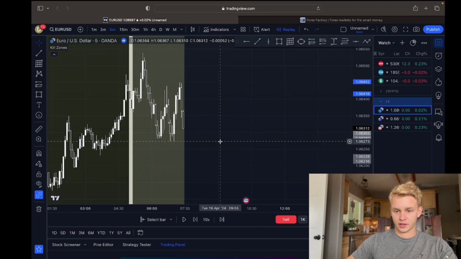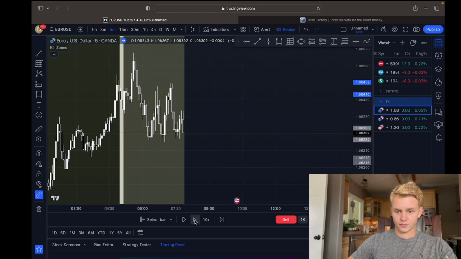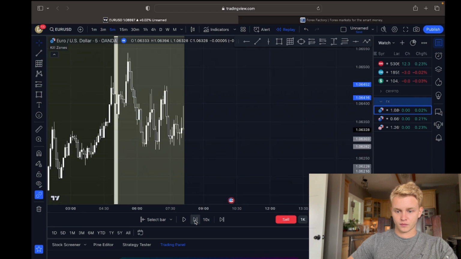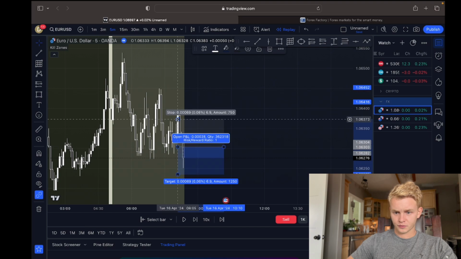We did make one here, but I don't like that candle there. But I do like that one, so we'll take this trade. Right there. I'll put the stops at the body.